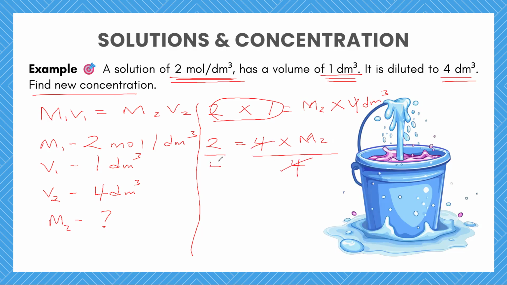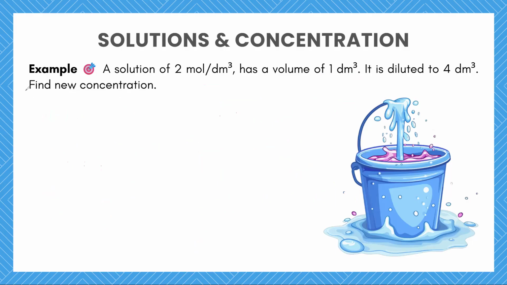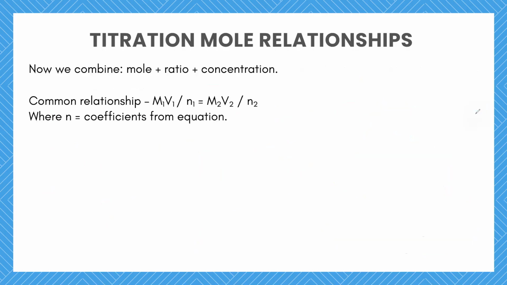On the other side, we have 2 over 4. 2 over 4 is the same thing as saying 1 over 2, which is 0.5. So M2 becomes 0.5. What will be the units? Remember, molarity is measured in moles per dm cube. This is the new answer, or the new concentration that we've been looking for.